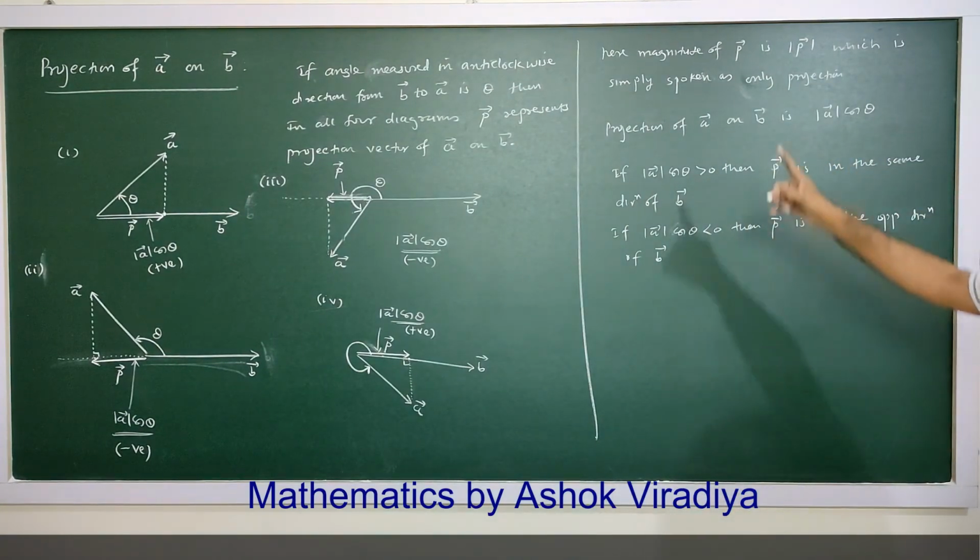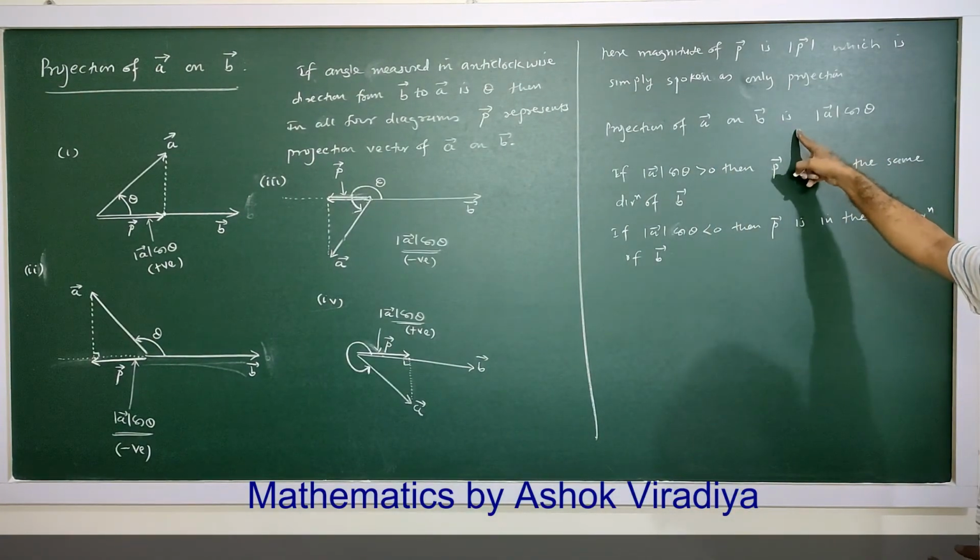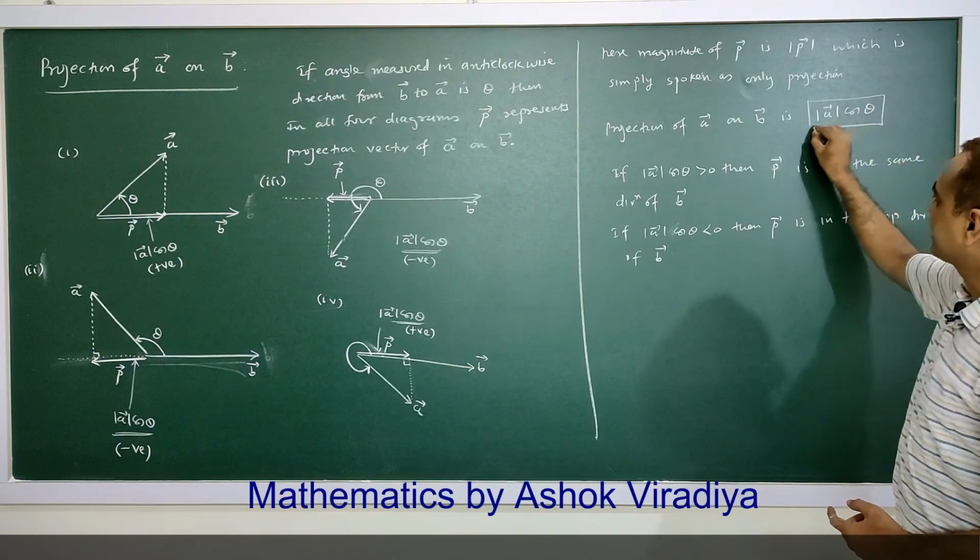So remember, projection of A on B is magnitude A times cos theta.